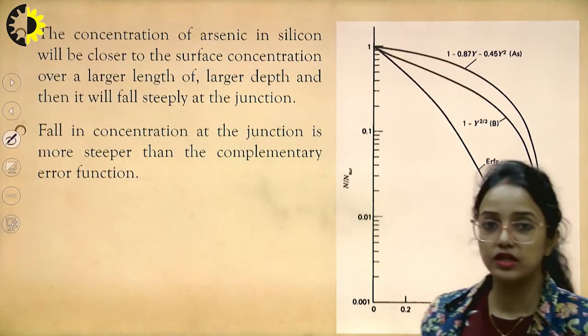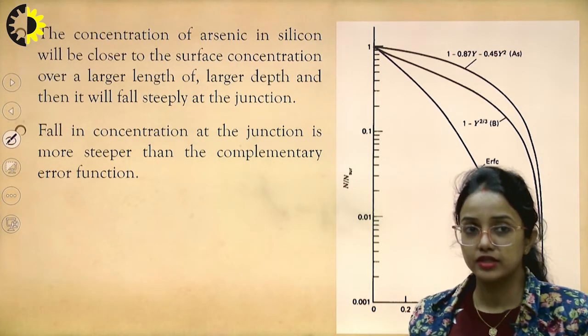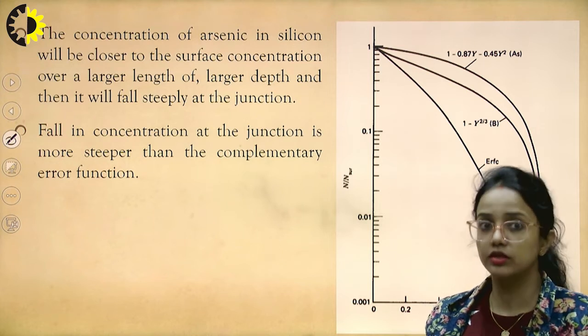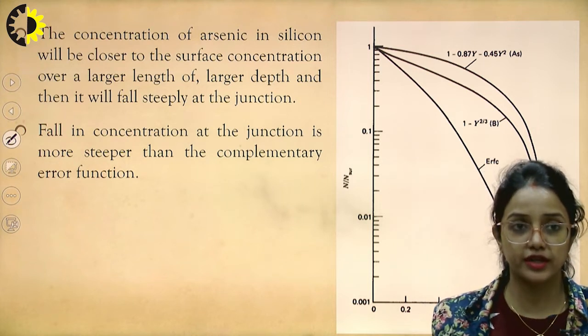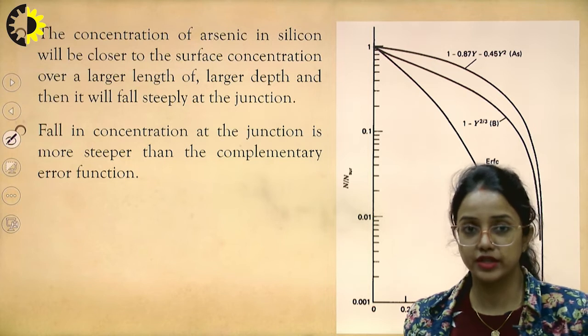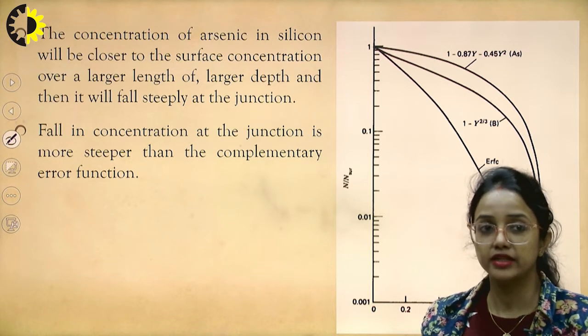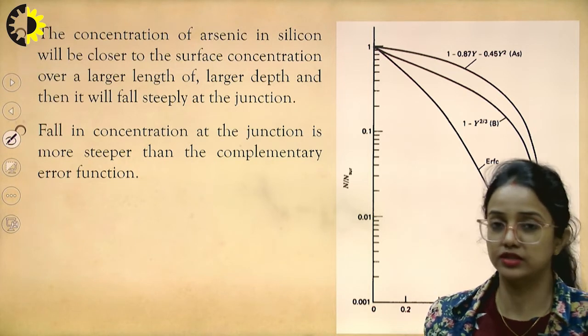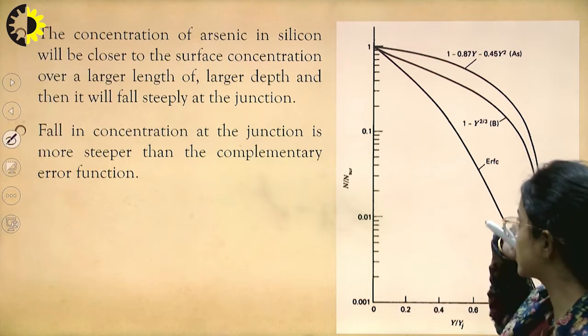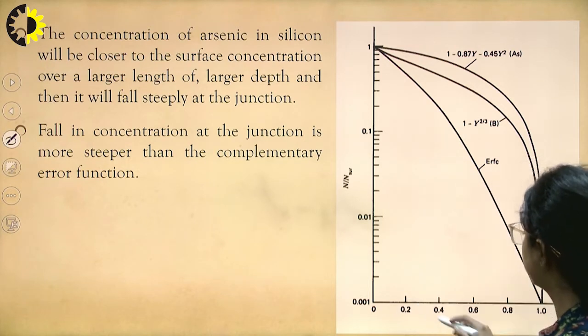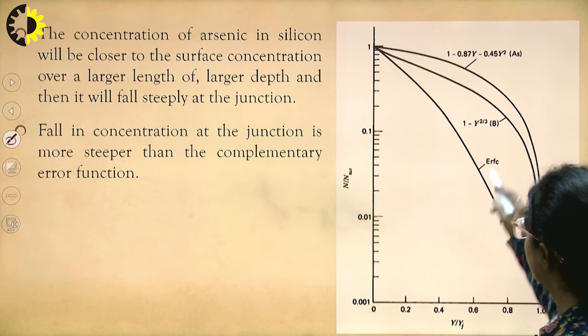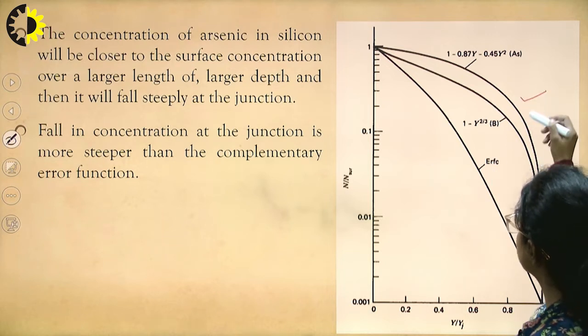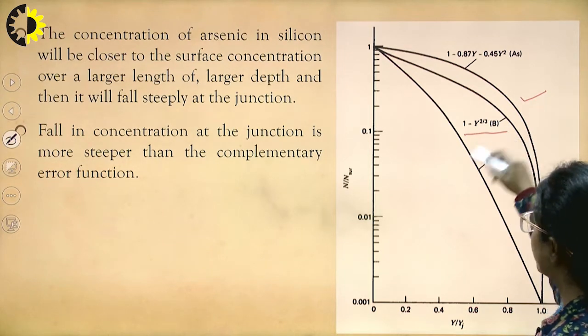Here we can see the concentration of arsenic in silicon will be close to the surface concentration over a large depth, and then it will fall steeply at the junction. We can see the complementary error function for arsenic here, and then the error function for boron here.